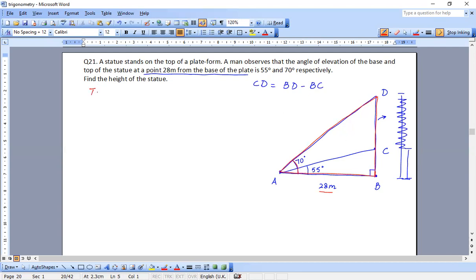So I'll use tangent 70 degrees equals opposite, which is BD, upon adjacent, which is 28.